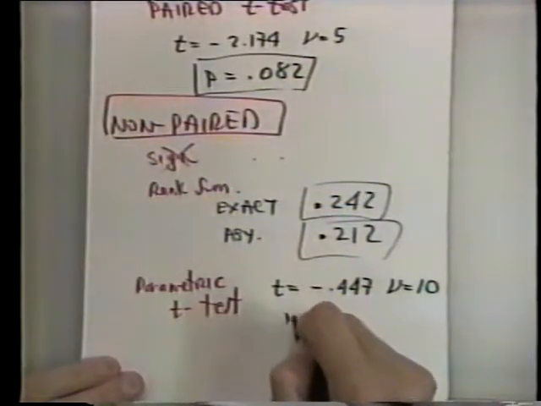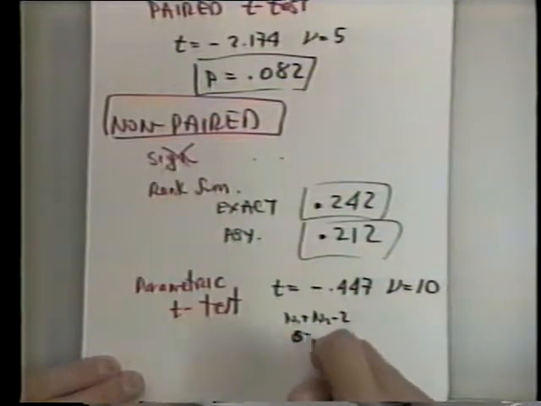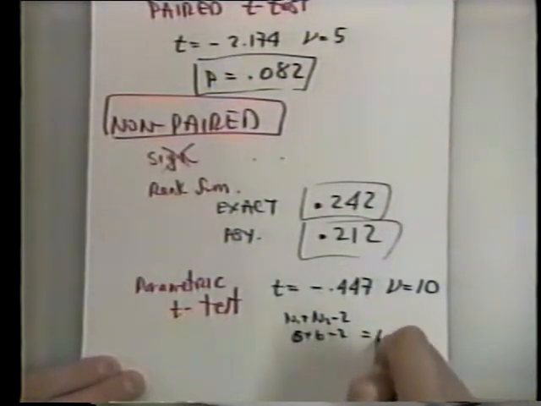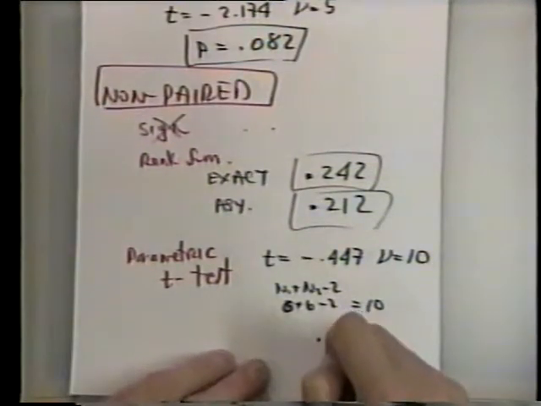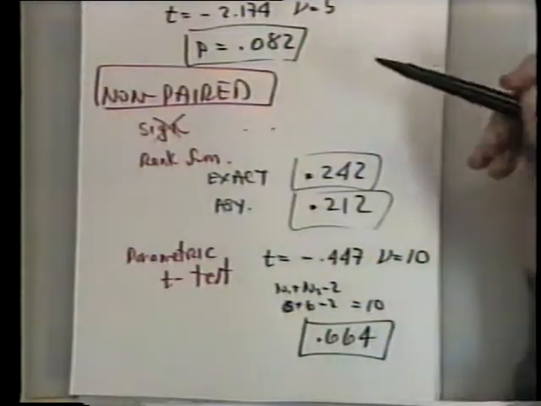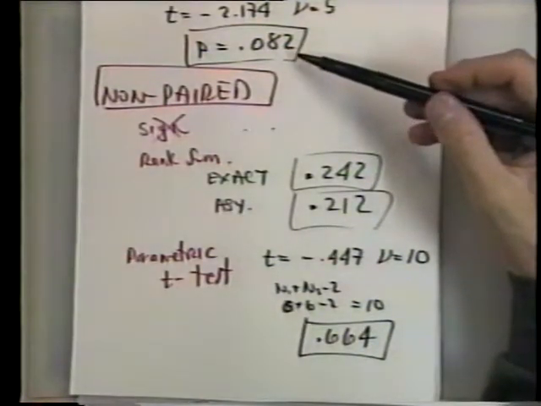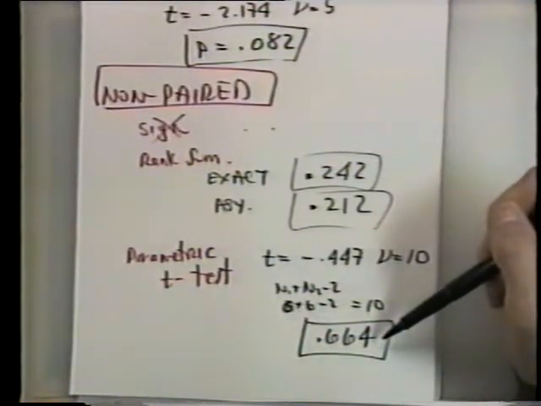In the unpaired test, we have n1 plus n2 minus 2, so 6 plus 6 minus 2 is 10. And the p-value here is 0.664, where before I had a paired p-value of 0.082. And now the unpaired value is 0.664. So that's a big difference.